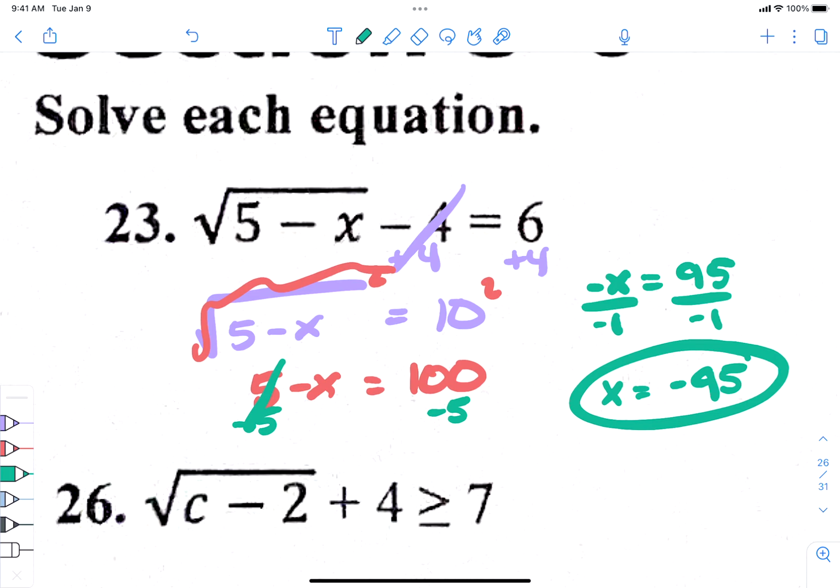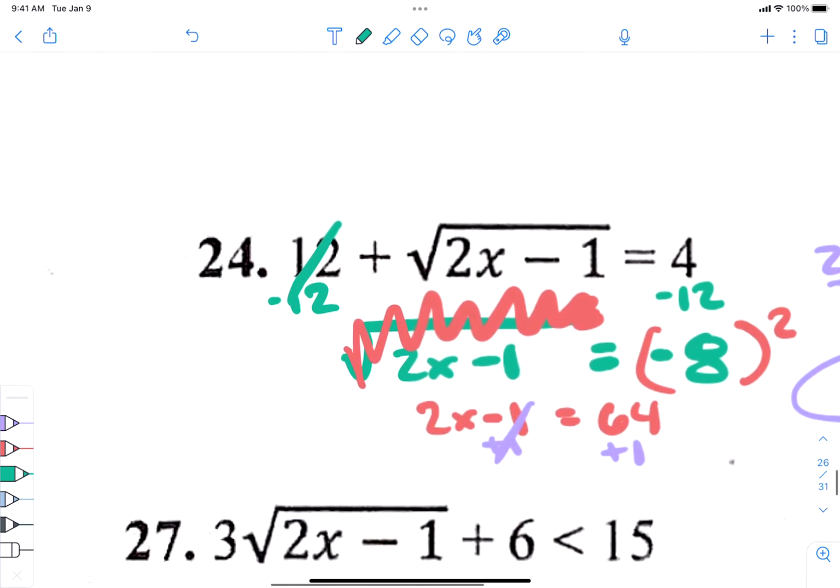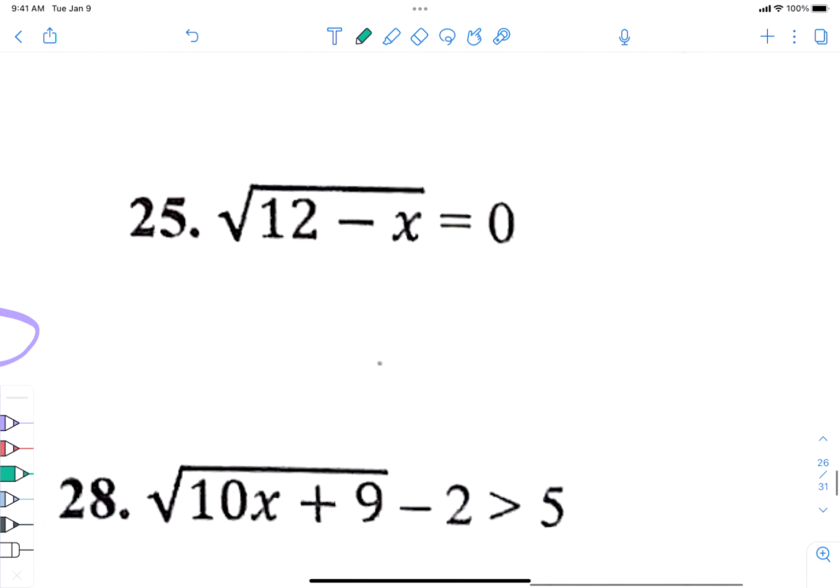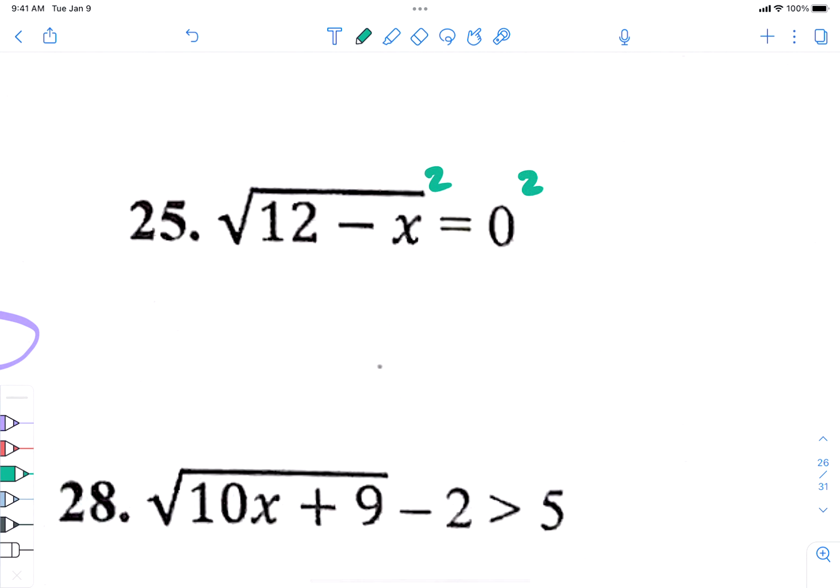It's the x that's negative, right? So you still have to subtract the 5 to get it to the other side. You're not adding 5. Ah, this is another one. That's exactly like that.